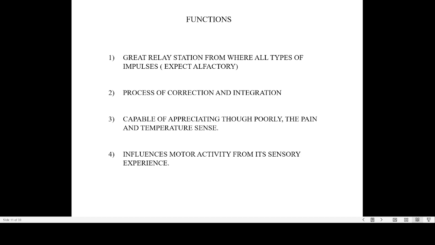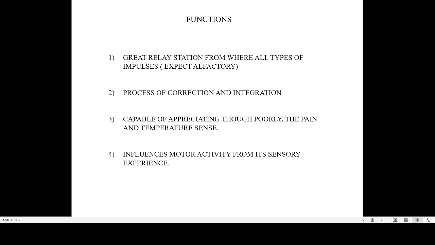So what is the function of this thalamus? It is a great relay station from where all types of impulses, except olfactory, pass. Whatever the peripheral sensory information, that sensation first reaches the thalamus, then it is transferred to the center.